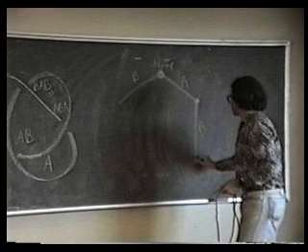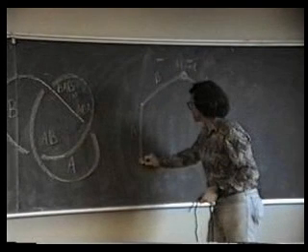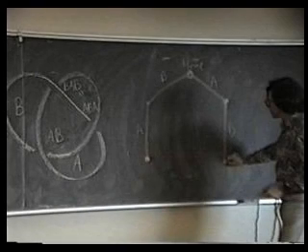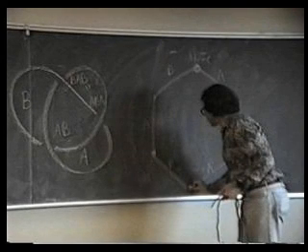From here, once you've done B, you can do A again, and you get to a different place. From here, if we do B, we'll get back to where we were before, but if we do an A, we're at a different place. And here, if we do A, we're back to where we were before, but if we do B, we're at a different place. And here I have that ABA equals BAB.